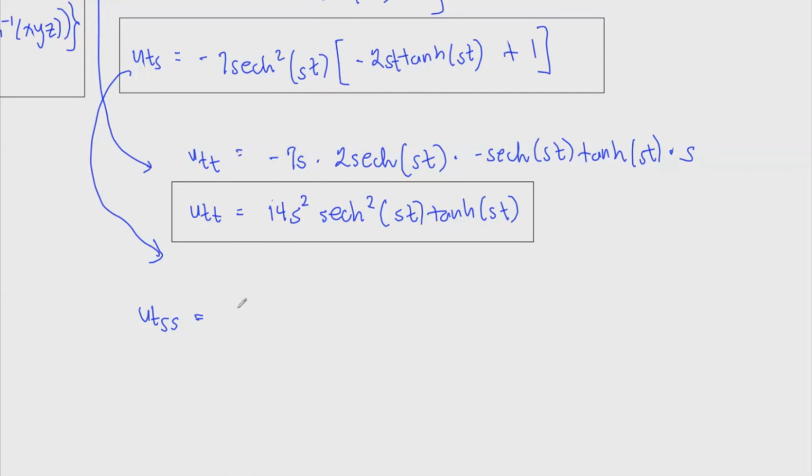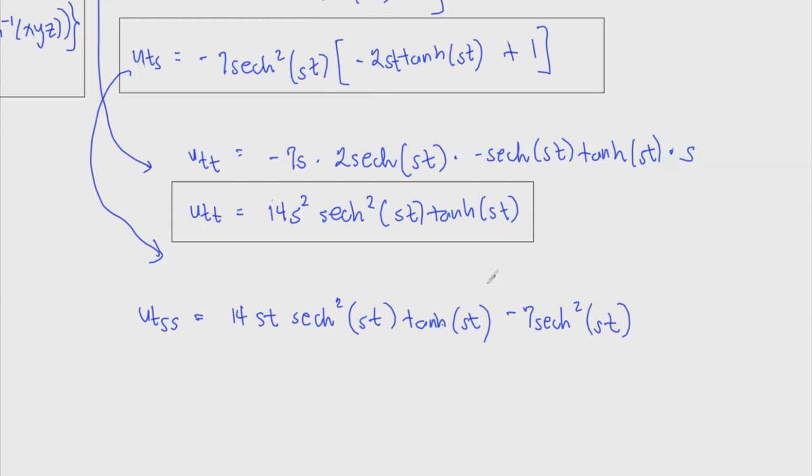So we have positive 14st, and then we have sech cubed, I think. Not cubed. So that would be sech squared st and then tanh of st. Okay, so I think that's all for the first term. I hope I'm not missing anything. So we have minus 7 sech squared and then st.